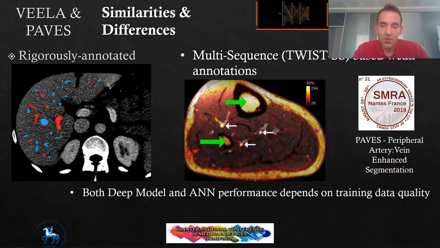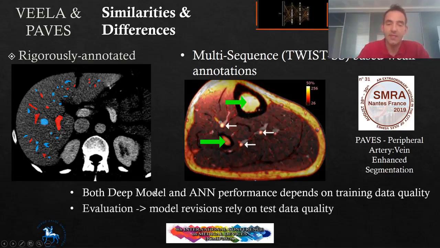Now, there are two important points here, as stated. The first one, both deep models and artificial neural networks training performance, of course, depends on the training data quality. And the second is, on the evaluation side, the model revisions rely on test data quality and test data variations.